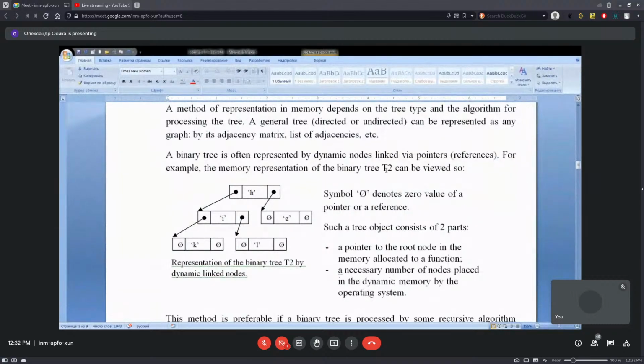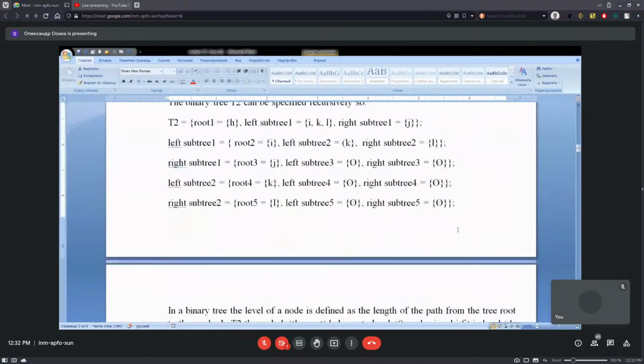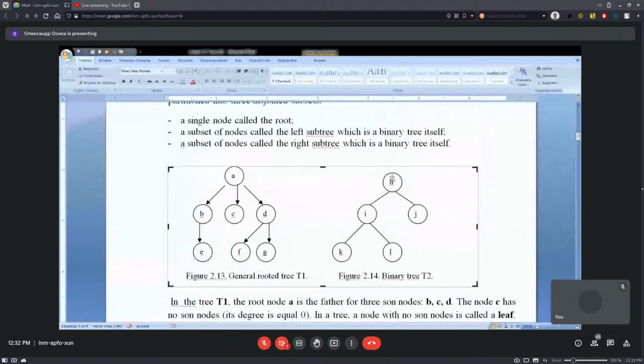Representation for binary tree 2 can be viewed so: one node with a value of h, the root h, and left sons I, j, after that k, l.